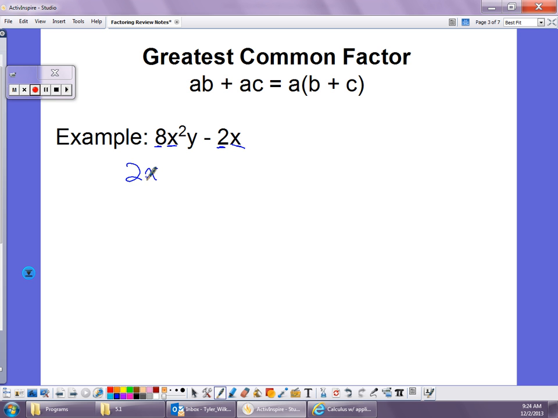So what you do is you take out a 2x, and then you just write what's left. So I took out a 2x here, so now I have 4xy. Here I have minus 2x. I took out 2x. You can't just leave that, okay? It doesn't just disappear. You have to have a 1 there for a placeholder, okay? So when you factor out the 2x from 2x, it doesn't disappear. You still have a 1 there.